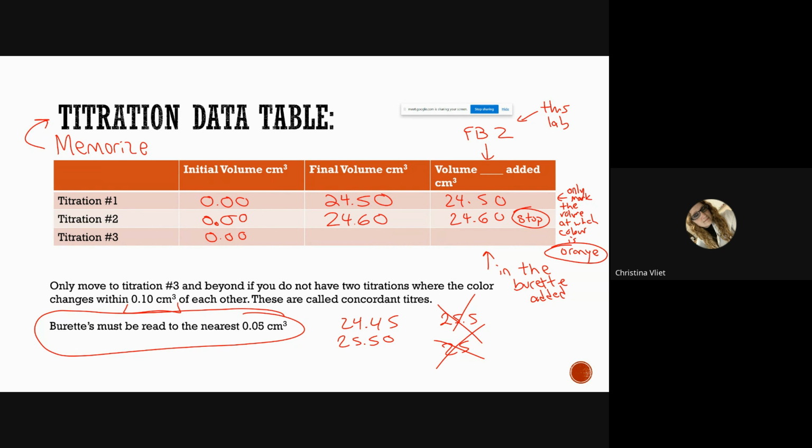Yeah, you don't have to be like super specific. So like around 105. The important thing here is that it's around there.